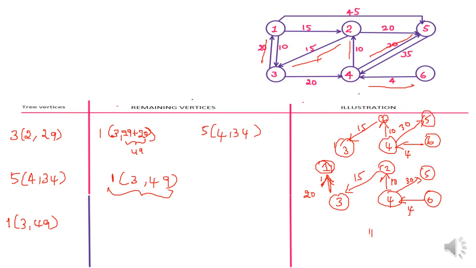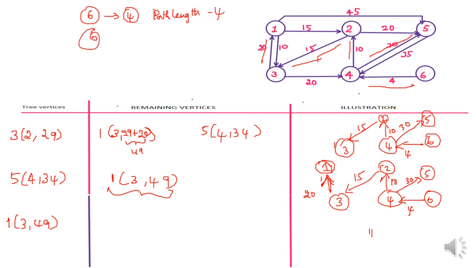So the final shortest paths with path lengths: from 6 to 4, the shortest distance is 4.